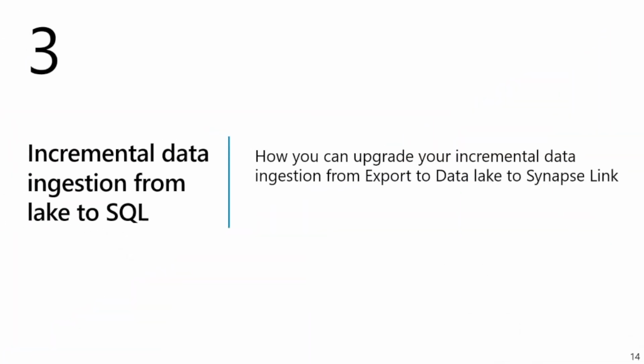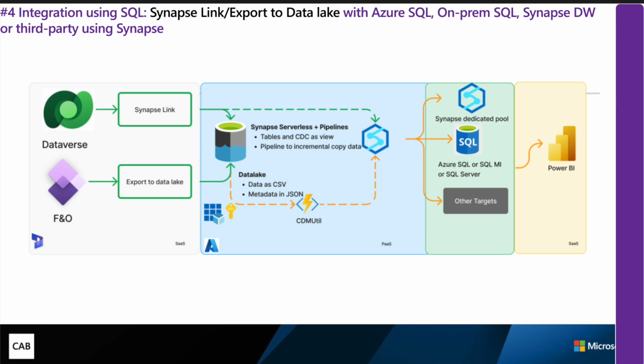But before we get into looking at those, let's take a moment to look at where we're coming from: what customers and partners are using today when they're leveraging export to data lake. With export to data lake, once the data has been shifted to your data lake, one of the key components that our customers and partners are familiar with is the CDM util.